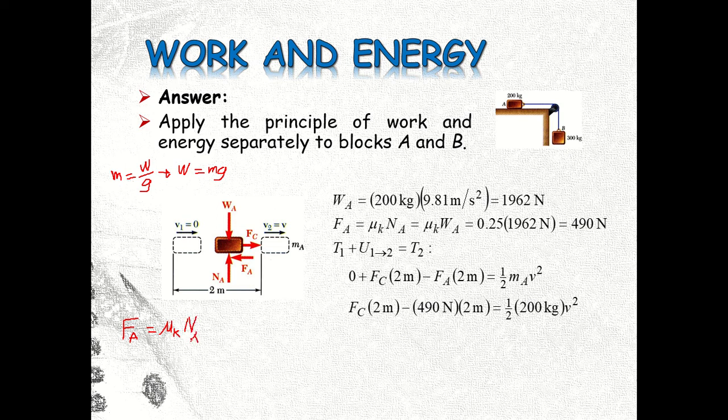All right, so we can solve Na by having the summation of vertical forces. Assuming that going up is positive and going down is negative, we can say that we start with n sub A going up, and then weight of A going down, equal to 0.